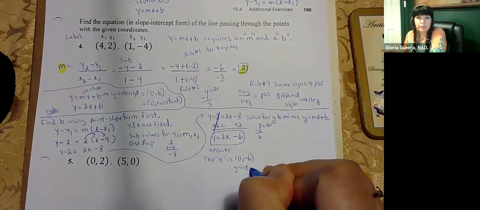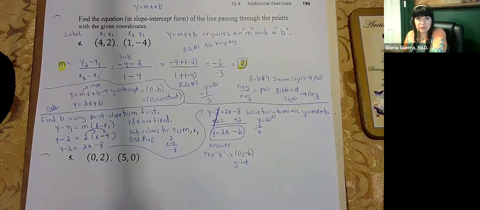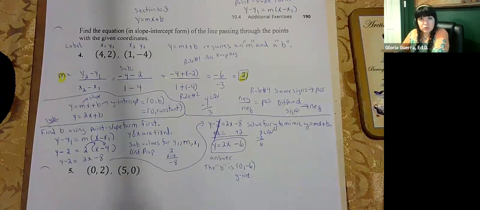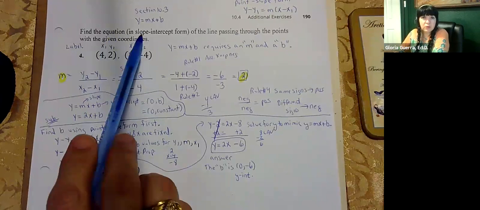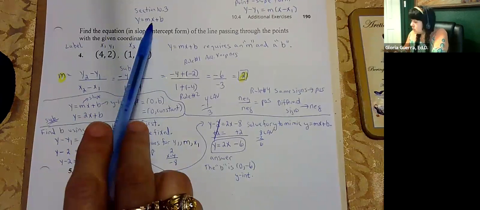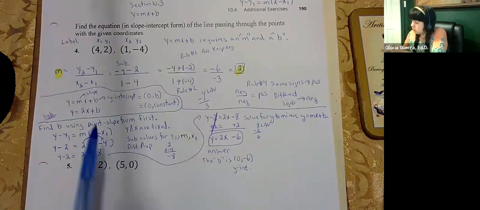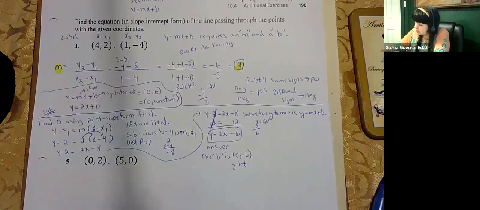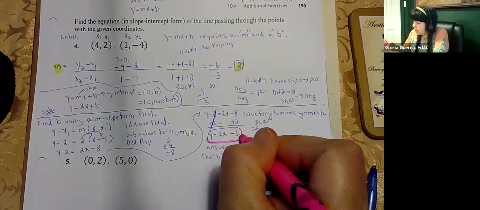But your whole answer is not just the negative 6. Remember, they want you to find the equation in slope-intercept form, which is y equals mx plus b. You want this format. So this is your answer: y equals 2x minus 6.